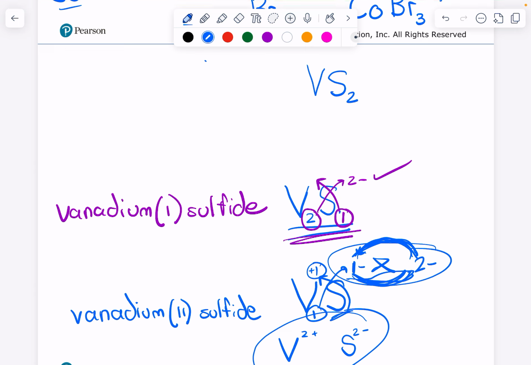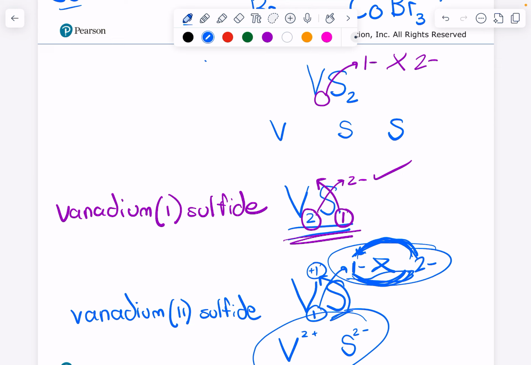Okay, so if I gave you that formula and I said determine the name, you would start by taking this number here and bringing it up and seeing that it's a -1. Okay, you know that that does not match what you expected, a -2. So instead, let's write out each of these components of the compound and figure out what the charges must be to make it 0.